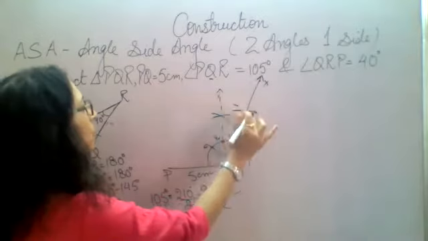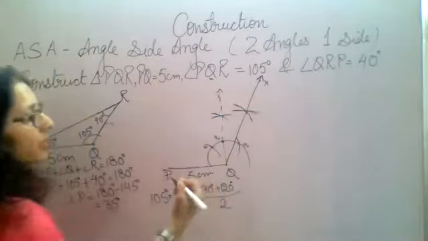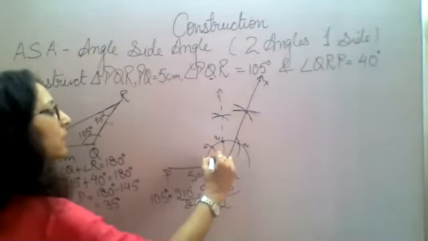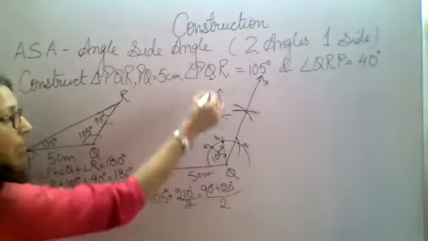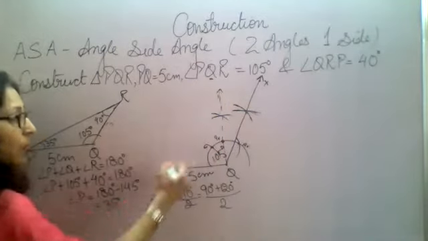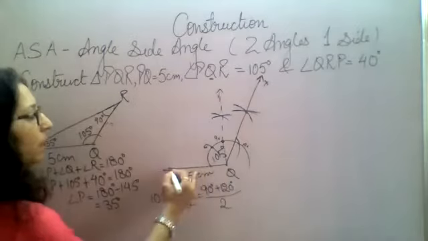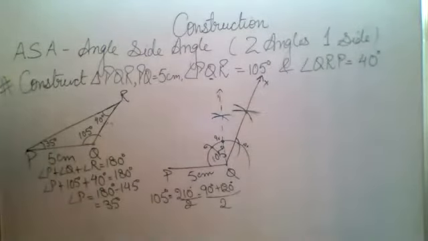Because I am using without compass, take it as X. So angle PQX, this is 105. This I have drawn dotted line. I have taken help of 90 degree because this is not a part of actual triangle. So this is dotted part. So angle PQX is 105.